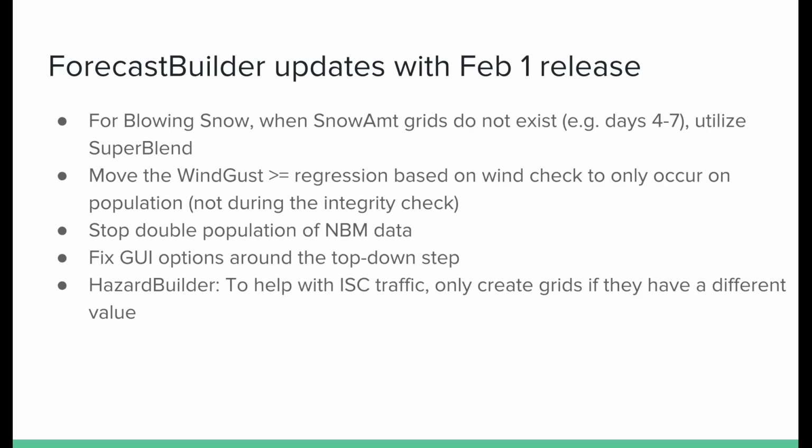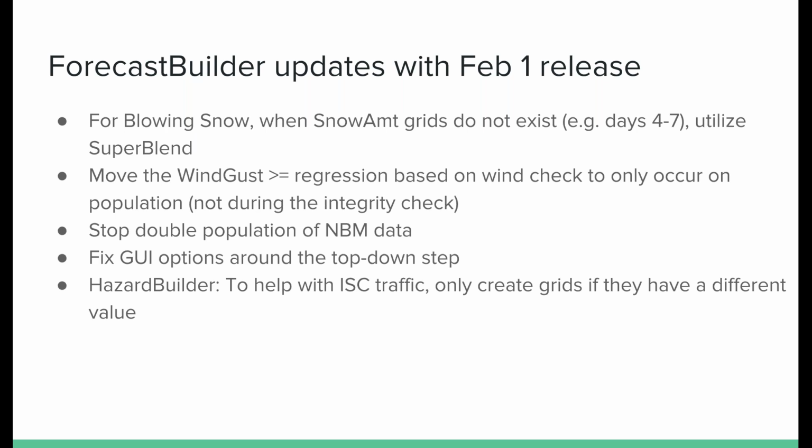So some of the updates with this release of ForecastBuilder, which came out on February 1st. Some stuff on blowing snow here, fairly minor, but I know we've run into this issue where people want to do blowing snow in the extended, like for that 21st, 22nd event. With no snow melt grids out there, you would get an error. So that's been resolved. You use SuperBlend as a proxy for snow amount.